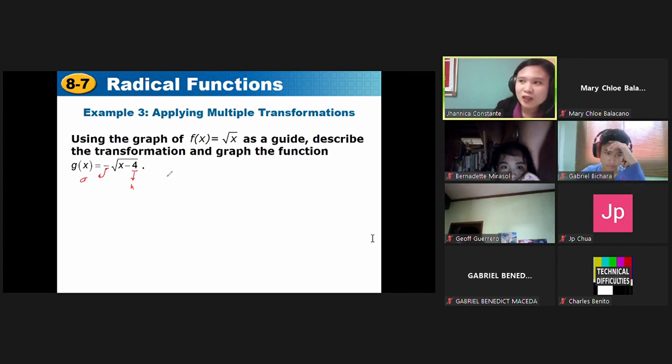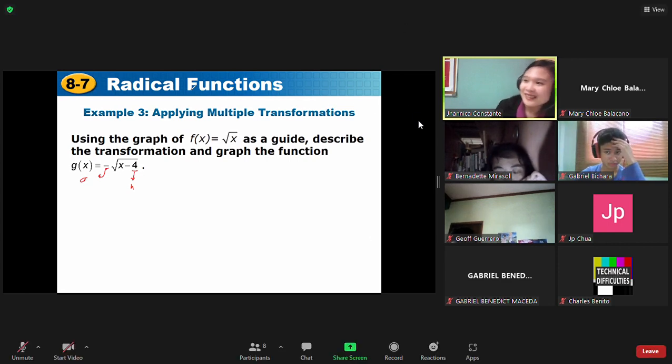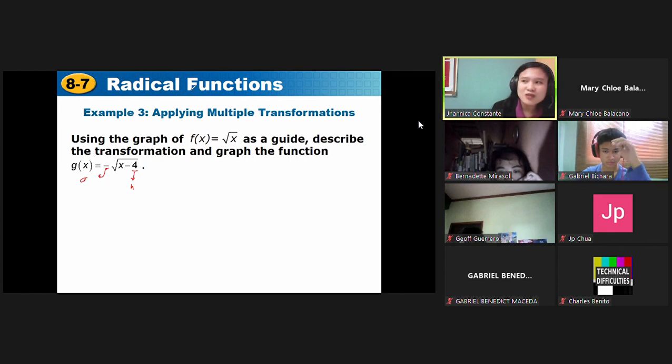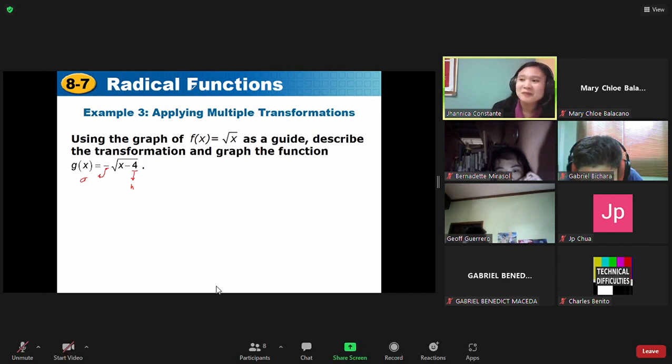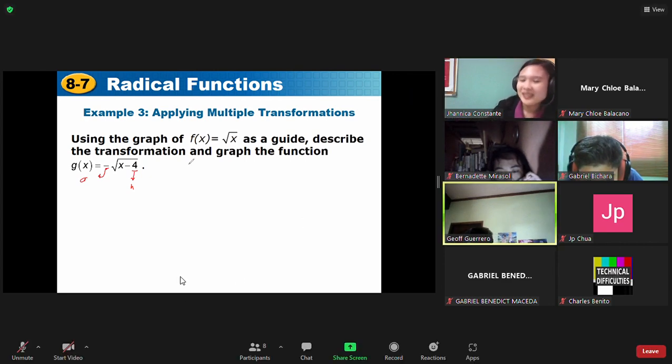When we have a negative a, what description can we have? We have a negative a. Is it compression or reflection across our x-axis? Reflection across the x-axis. That's correct.